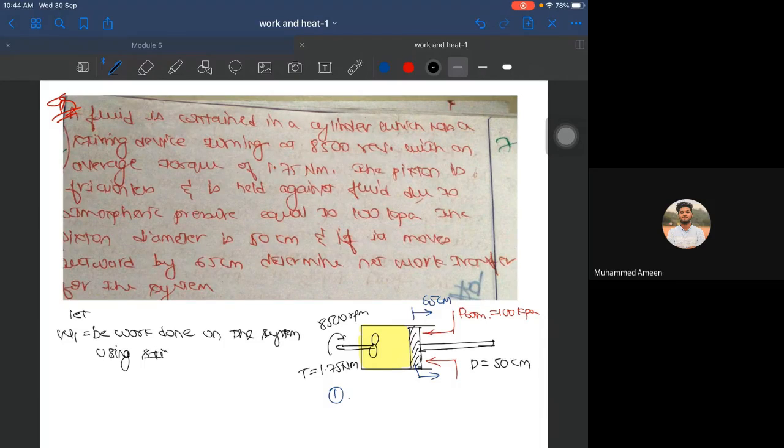Work done on the system using a stirring device. Let W1 be that particular work.